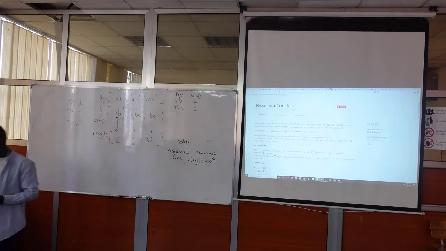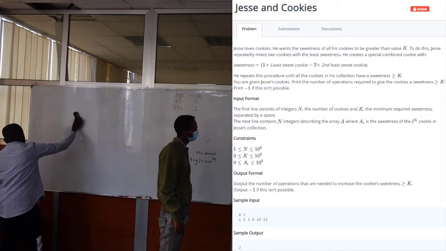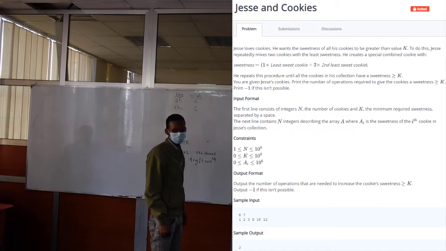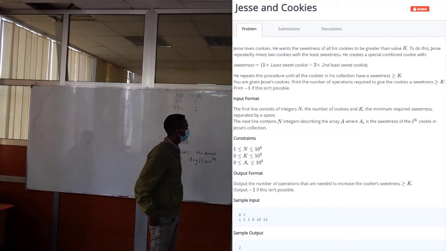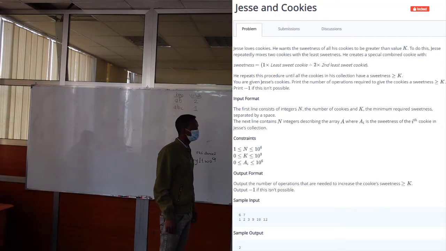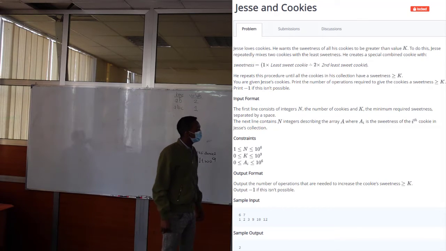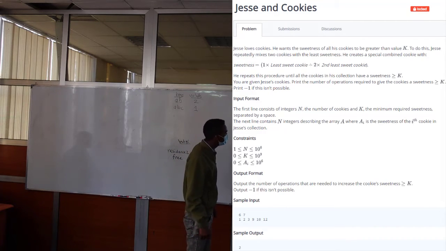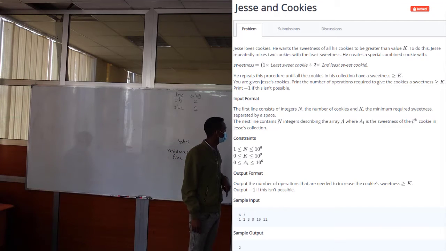Thank you. What the question says first: JC loves cookies. He wants the sweetness of all his cookies to be greater than value k. To do this, JC repeatedly mixes two cookies with the least sweetness. He creates a combined cookie with sweetness of 1 times the least sweet cookie plus 2 times the second least sweet cookie.